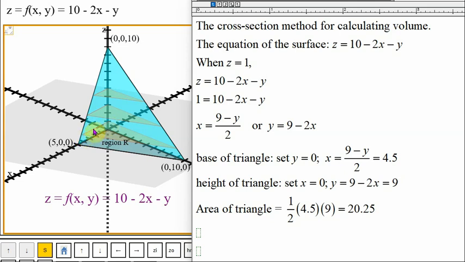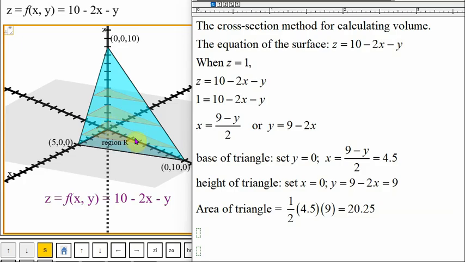This segment is directly above the x-axis, so at this point y will be 0. Setting y to 0, we get x to be 4.5. So this point is x is 4.5, y is 0, and z is 1. The distance from this point to this point is the base, and therefore the base is 4.5.